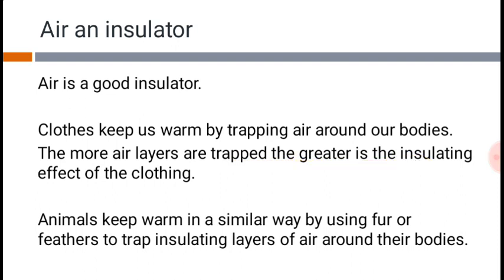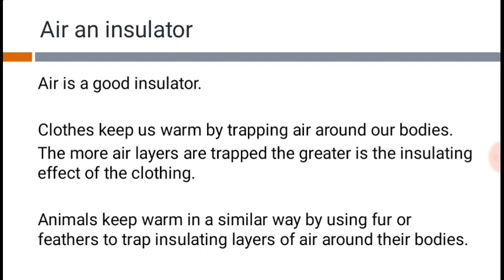This is how even animals keep themselves warm, by using fur. The fur or the feathers trap the air around their bodies. It becomes like an insulating layer, so the heat doesn't escape from their bodies.